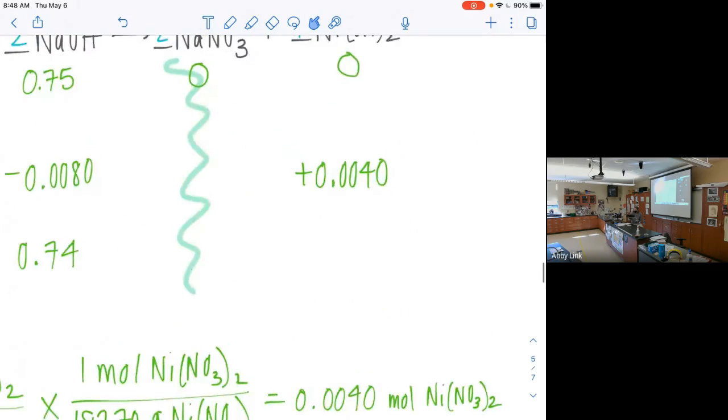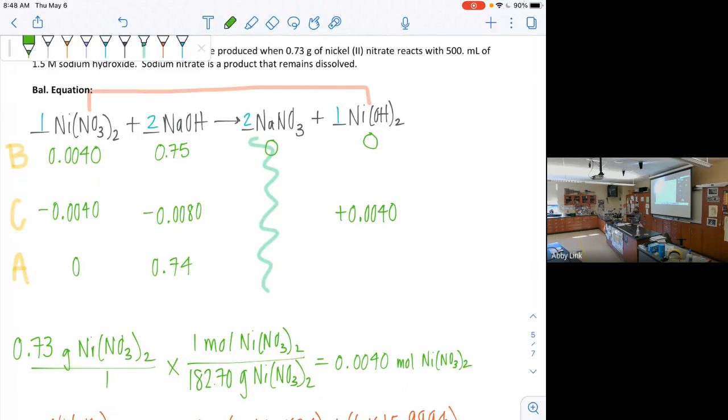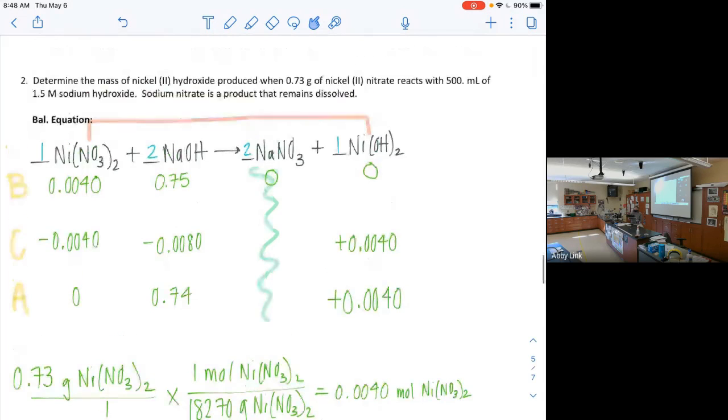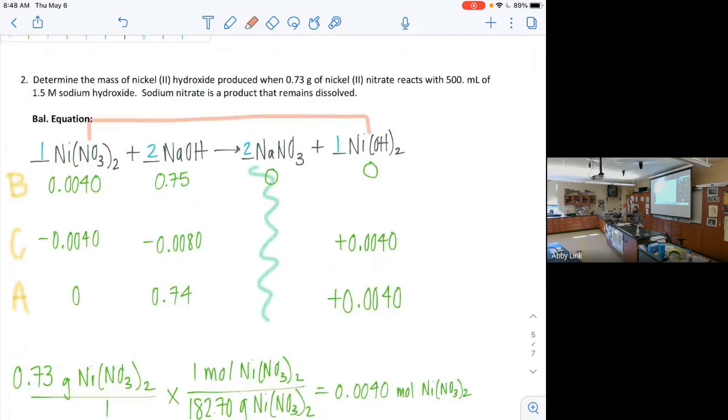All right, so let's put that in, and then we just need our after for this product, 0.0040. All right, now my last step here, guys, they do want the mass, okay, as per normal. So I'm going to take these moles, and I'm going to go ahead and convert this into grams.